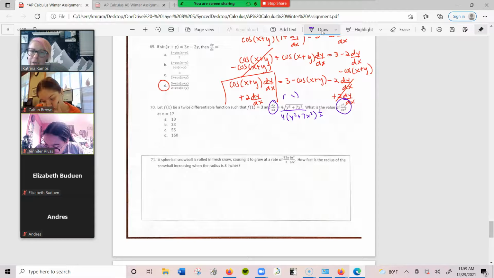So we have to apply the chain rule here. We multiply 1/2 times 4, which is 2, then leave the inside alone, raised to the negative 1/2. And now multiply by the derivative of the inside, which would be 2y dy dx plus 14x.